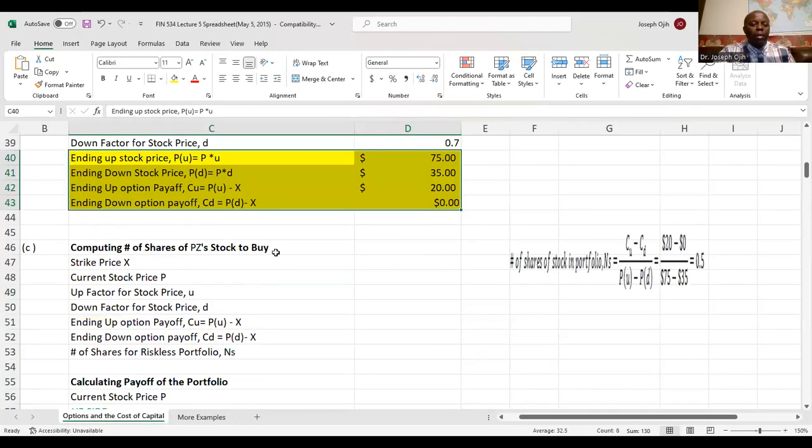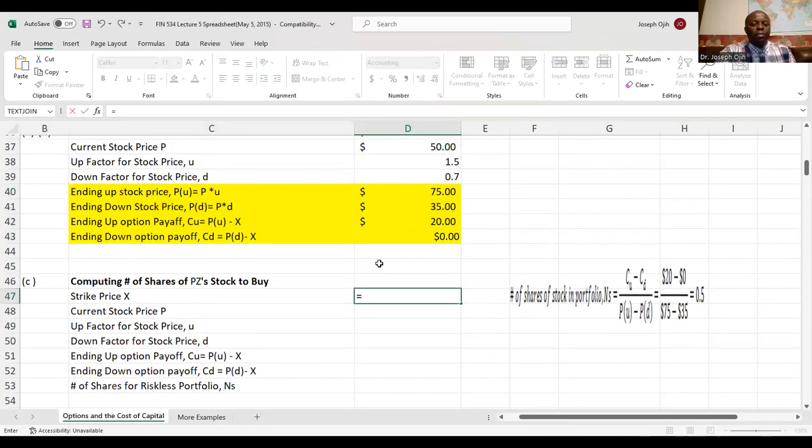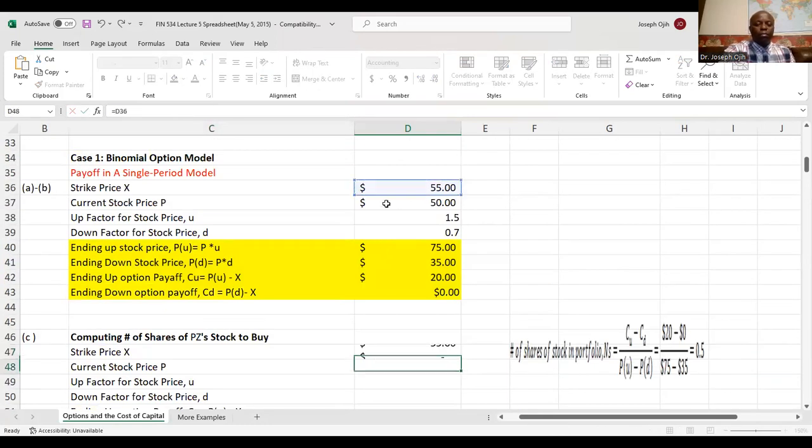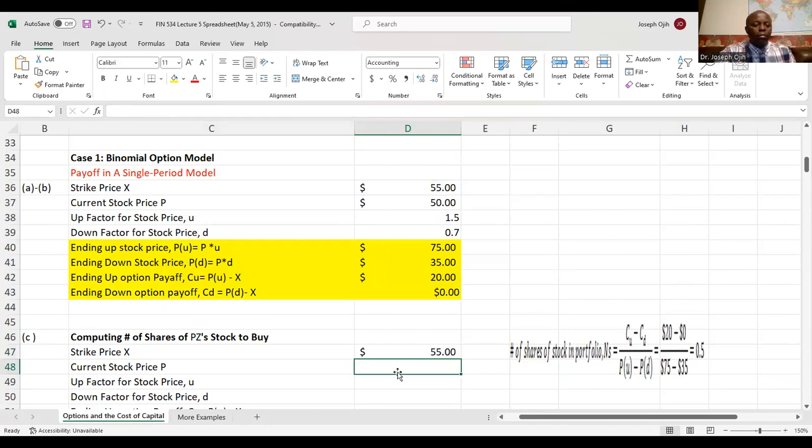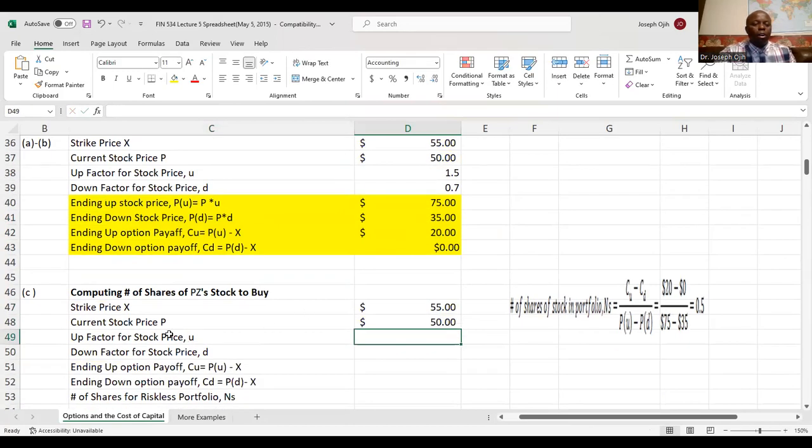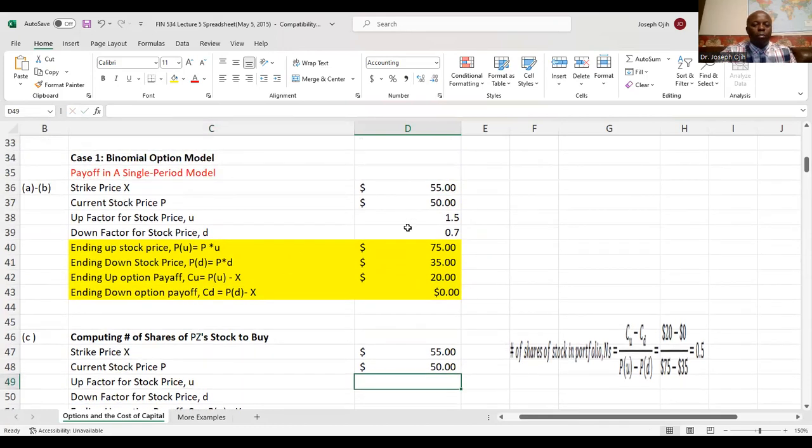Remember, this is where I did part C. Strike price is $55. Then current stock price is $50. We need all this information. Up factor for the price, U, is 1.5.